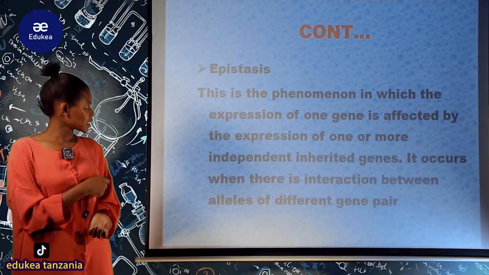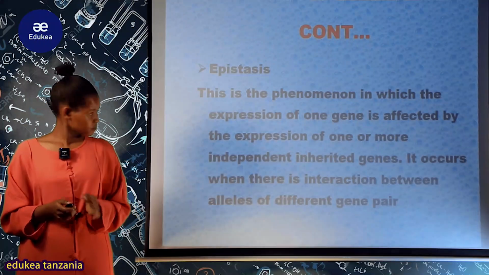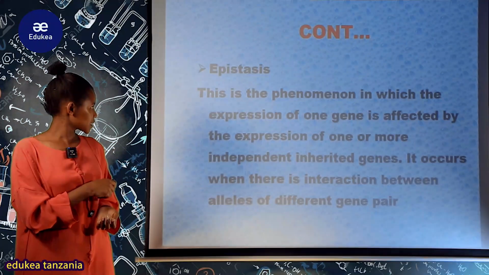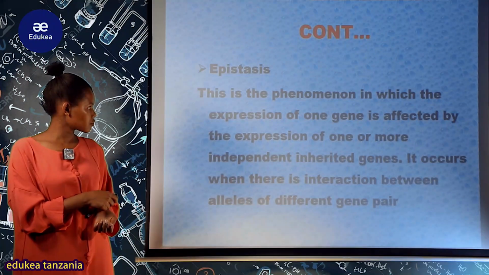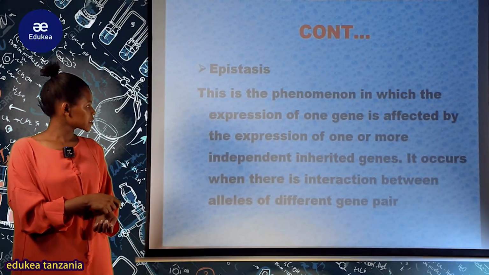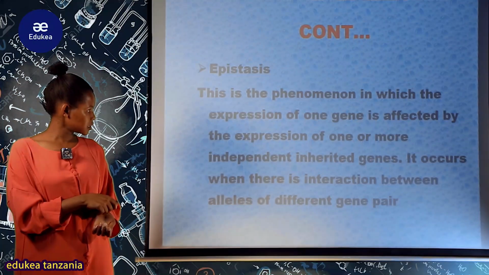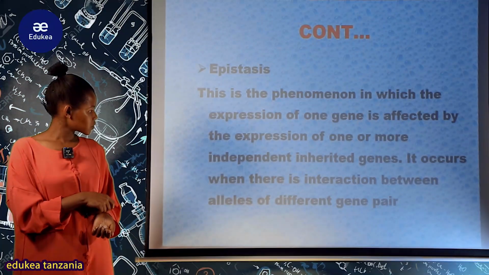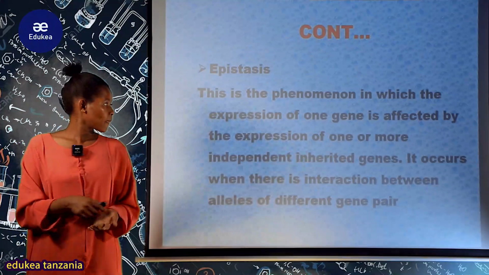Also finally tutaenda kuangalia epistasis. On this terminology you can say this is the phenomenon in which the expression of one gene is affected by the expression of one or more independently inherited genes. It occurs when there is interaction between alleles of different gene pairs.